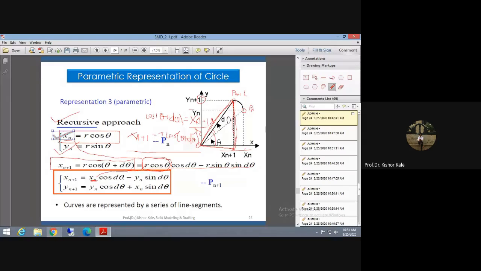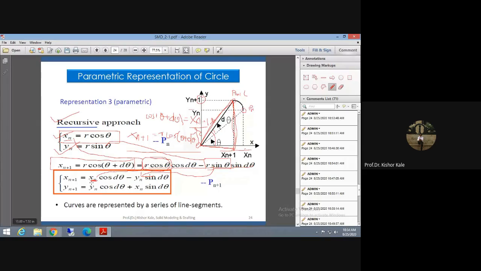So cos of d theta as it is, minus. Now again r sin of theta, we are already saying this is yn. Correct? Yn is r sin of theta. So r sin of theta is substituted as yn here, and sin of d theta as it is.